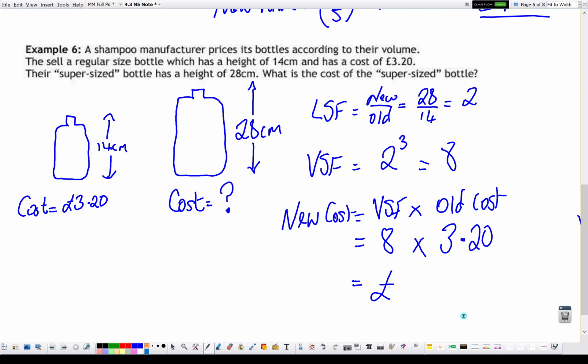I mean, this is actually easier than the last one, so I won't get you to tell me the solution because it's straightforward enough. 8 times 320, £25 and 60 pence. So 25.6. Remember, we're talking about money, so 25.6 has to be written as £25.60. And that is my new cost. Or you might want to say super size cost.